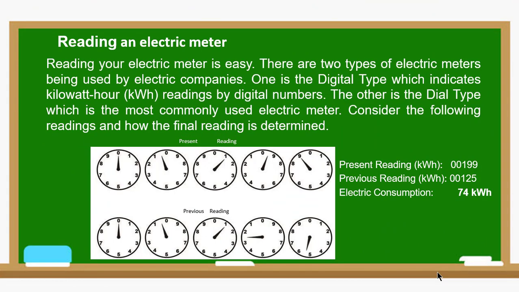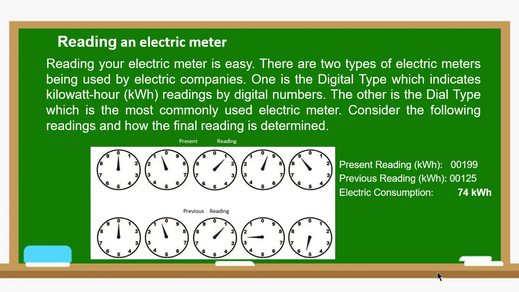In reading an electric meter, it is easy. There are two types of electric meters being used by electric companies. One is the digital type, which indicates kilowatt-hour readings by digital numbers. The other is the dial type, which is the most commonly used electric meter.